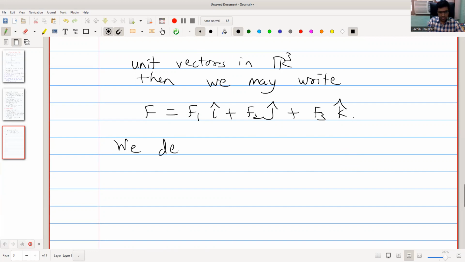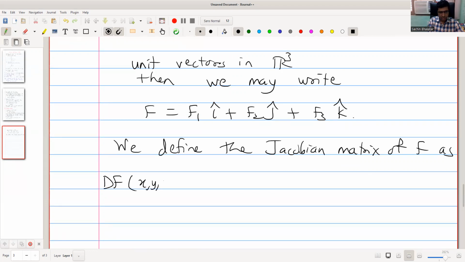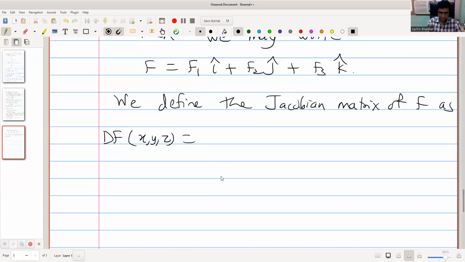We define the Jacobian matrix of F as DF at xyz equal to the matrix whose first row consists of partial derivatives of f1.